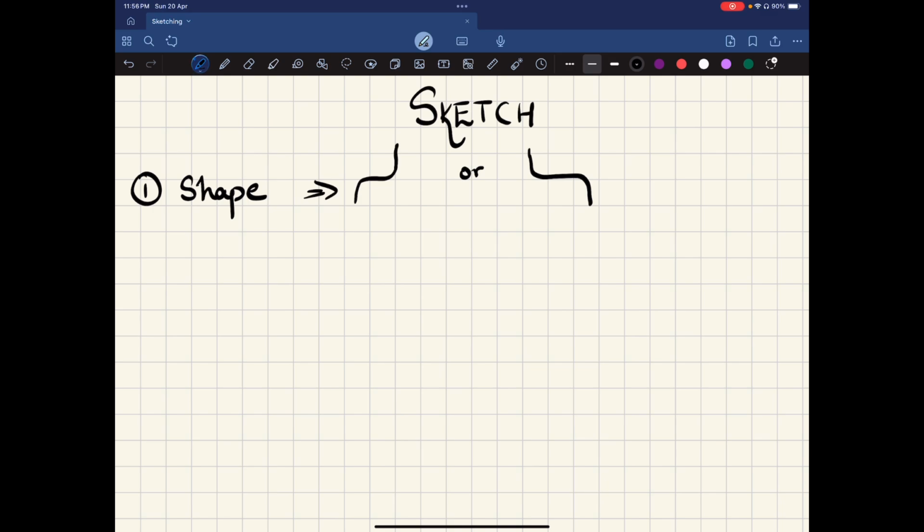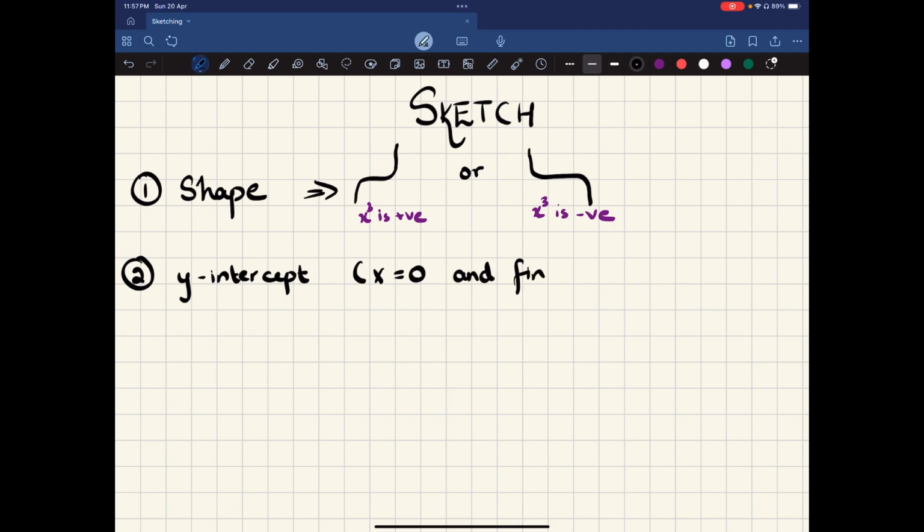We will have a maximum minimum curve when x cubed is positive, and we will have a minimum maximum curve when x cubed is negative. What is the second thing that you're going to find? The second thing is the y-intercept, which is basically that you put x equals 0 in the equation and find the value of y.